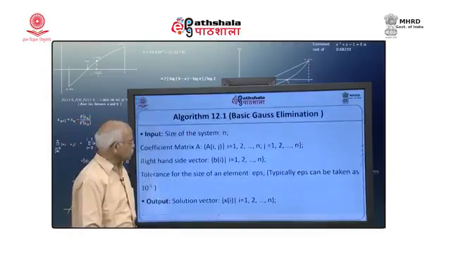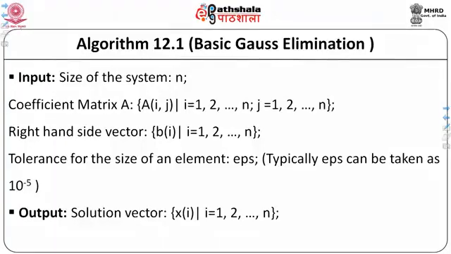So, what we are now going to do is this. Let us look at the basic Gauss elimination algorithm. The modifications we are suggesting, we are going to write them over here. I am taking the input to the system as the size of the system n, the coefficient matrix A, a_ij, i equal to 1, 2, 3 up to n and j equal to 1, 2, 3 up to n. We must ensure that this matrix is non-singular.